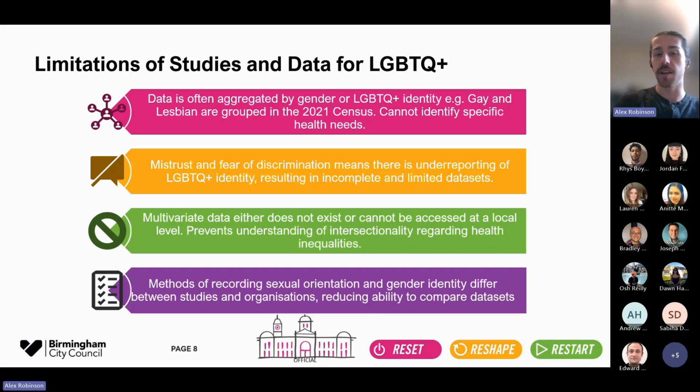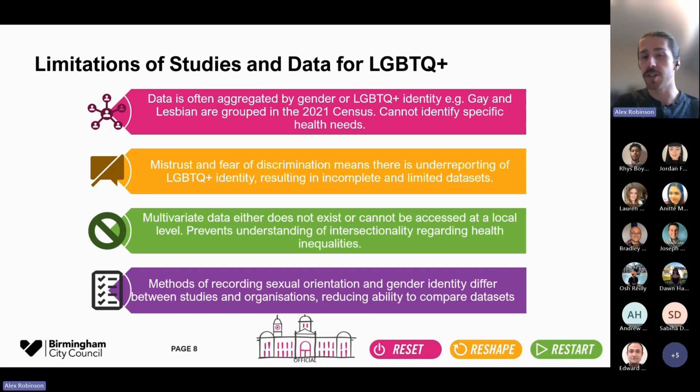Similarly, methods of recording sexual orientation and gender identity can differ between studies and between organizations, which reduces the ability to effectively compare data sets. Also, LGBTQ plus health data often isn't adjusted for other variables such as age, which can significantly skew data as well.